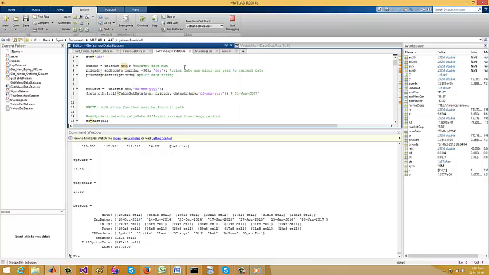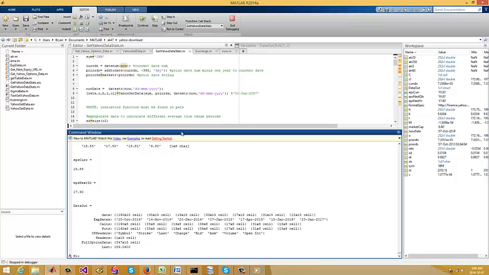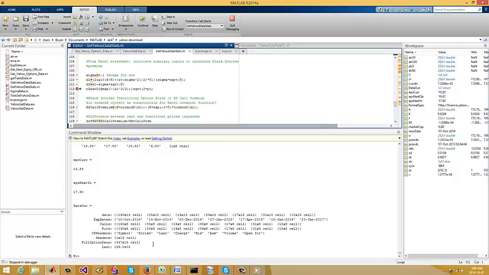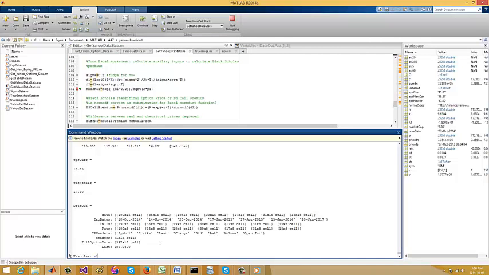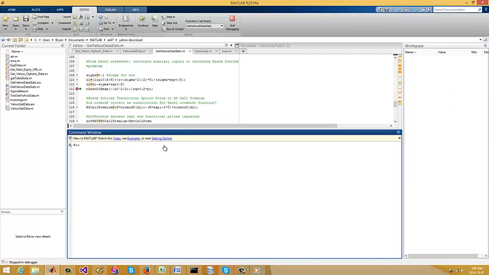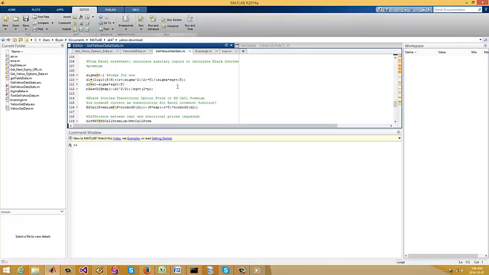Okay, so again, this is a script. I'm not going to walk you through it essentially, but what it's going to do is download data from Yahoo, and I'm going to show you the metrics that are used. So let me just clear out and reset everything. We are now quitting our debugger.